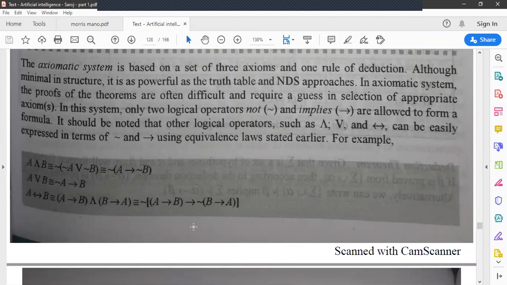If the formula given contains and or equivalence logical connectives, we need to represent them using only not and implies by using these equivalence laws, where A and B is equivalent to not of not A or not B, which is equivalent to not of A implies not B. So if A and B is given, you have to convert it into this form, not of A implies not B. If the given statement is A or B, then you have to write not A implies B.